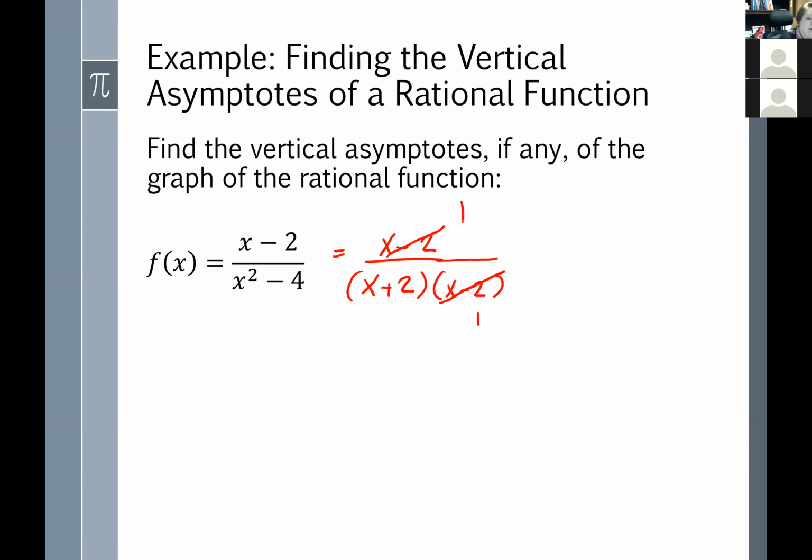So x minus 2 divided by x minus 2 is 1. In the numerator, I have 1, and in the denominator, I have x plus 2. So now that this function is in reduced form, I can set the denominator equal to 0 to find the vertical asymptote.